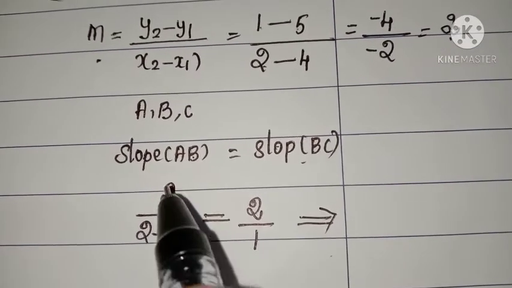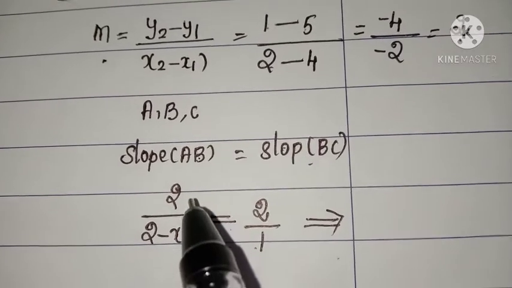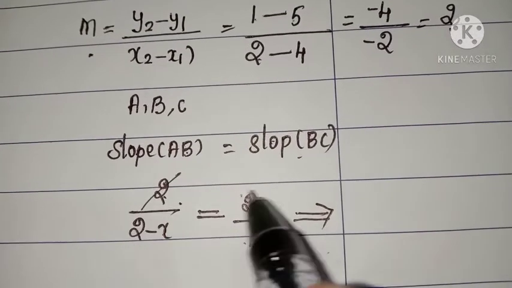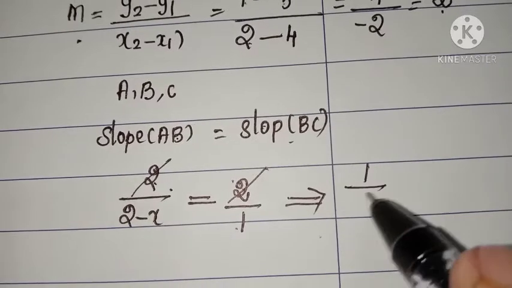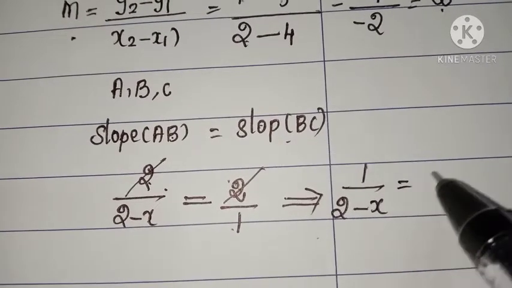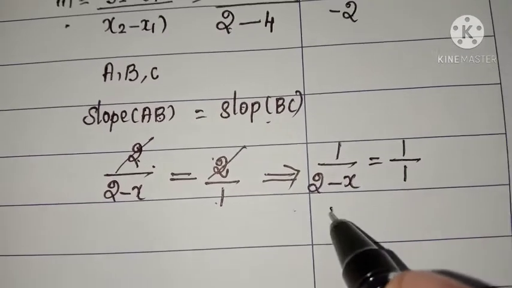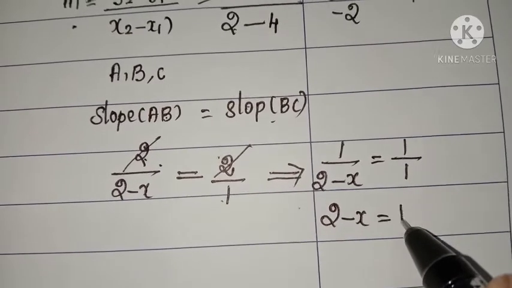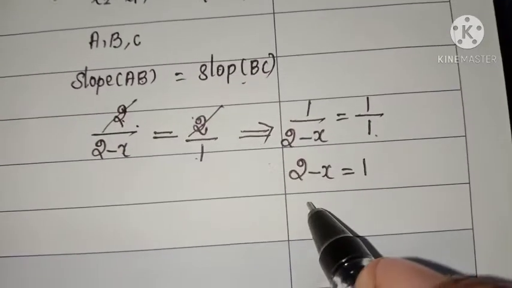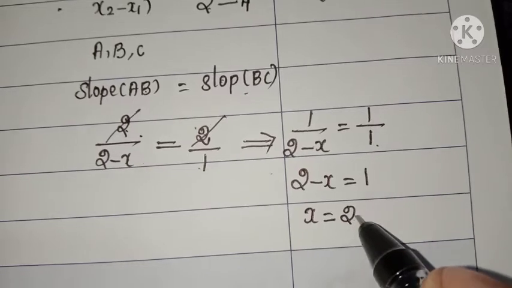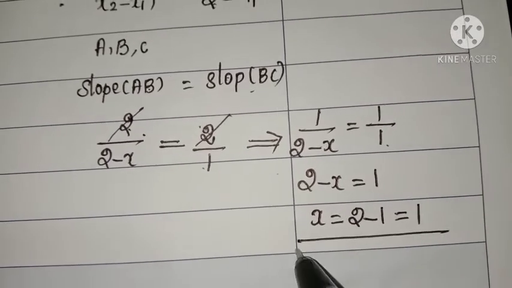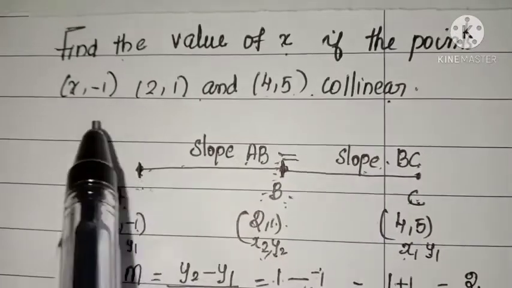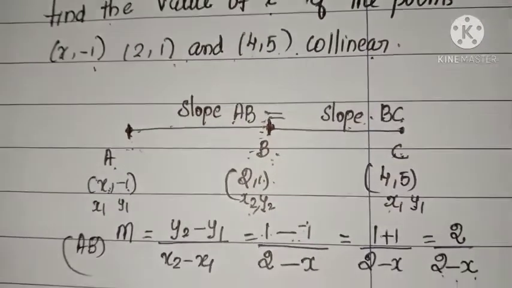Here, no need to take cross multiplication because numerators are same. So we can cancel this 2. So 1 by 2 minus x equals 1 by 1, or 2 minus x equals 1, denominators, or x equals 2 minus 1. 2 minus 1 equals 1. So the value of x is 1 when these 3 points are collinear.